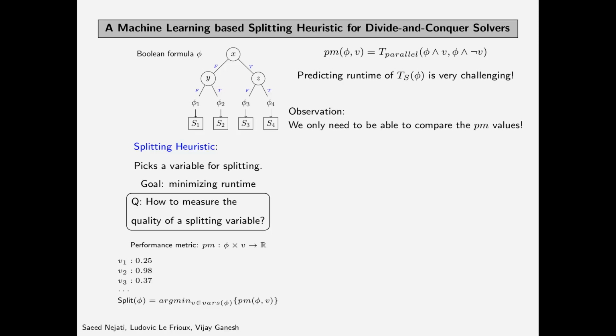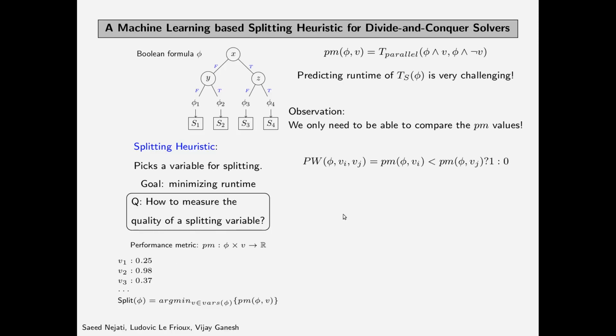But the observation we could make here is that we don't need to know the exact value of the PMs, and we only need to be able to compare the PM values for all of the variables. So in other words, we don't need to know the 0.98 for V2. We only need to know that the PM value of V2 is larger than V1.